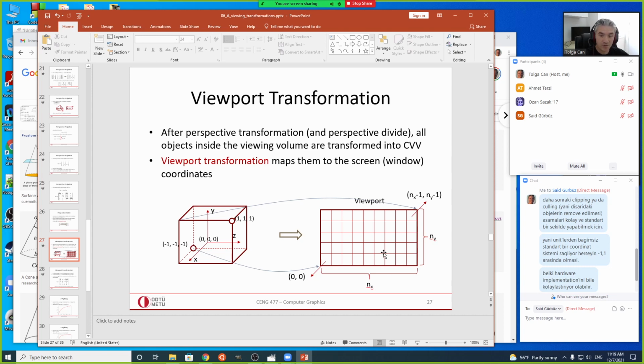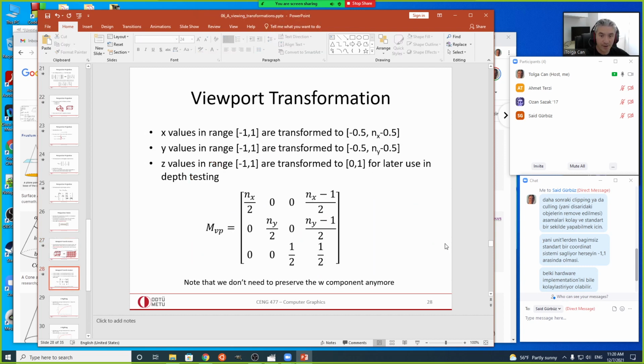So the viewport transformation maps all the projected points on this canonical view volume back to a non-standardized image window, which has resolution between 0 and nx and ny. These are called the screen coordinates, or sometimes window coordinates, established by this viewport transformation.